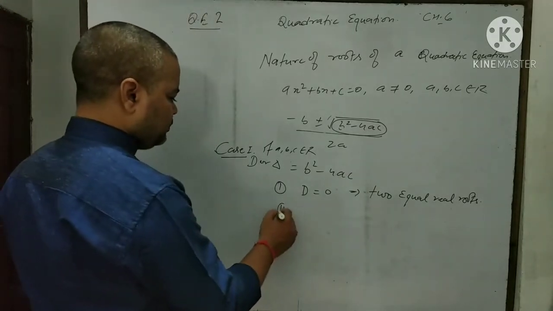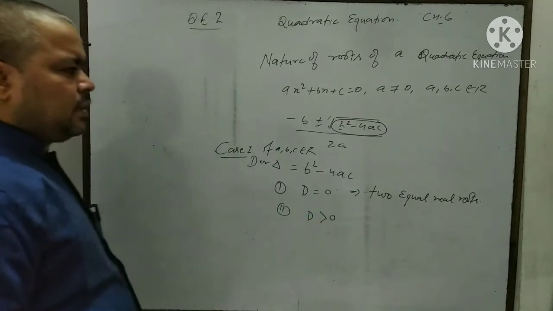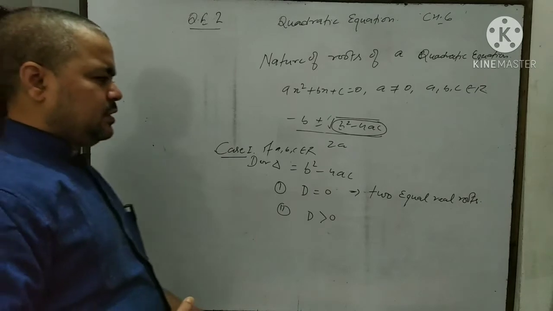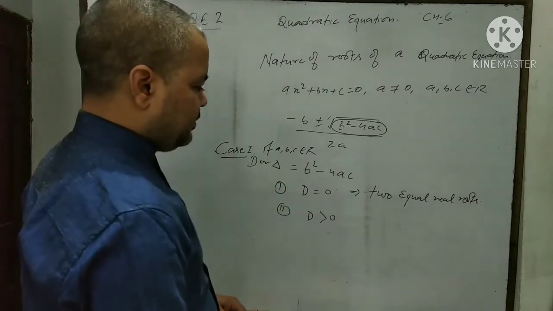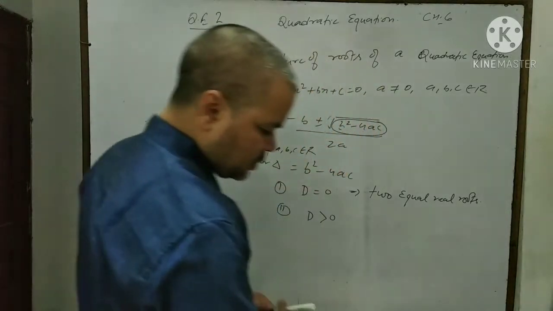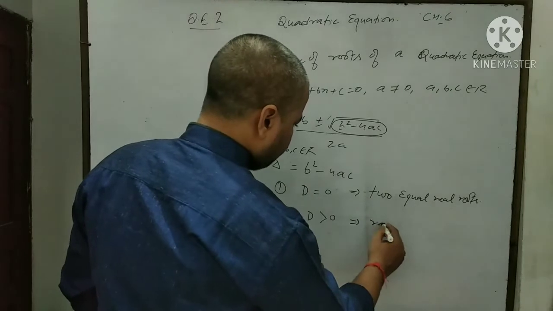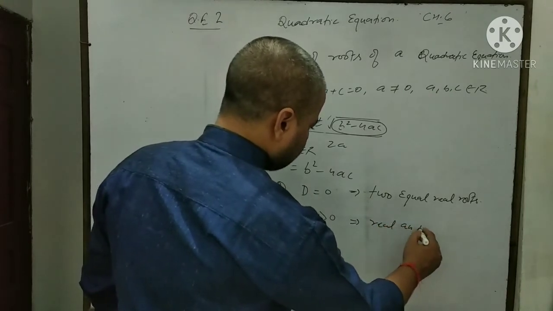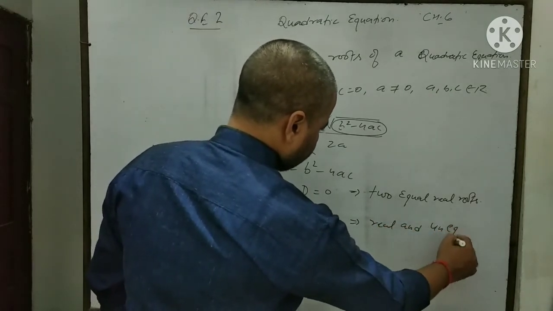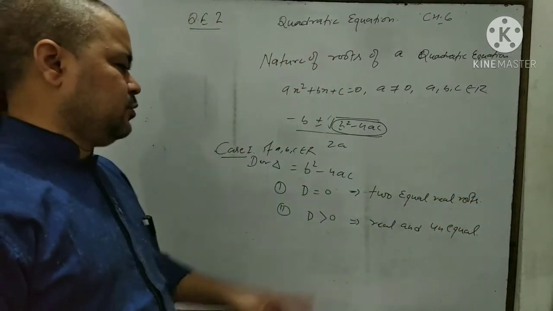The second case: if the value of discriminant is greater than 0, then the roots are real and unequal.